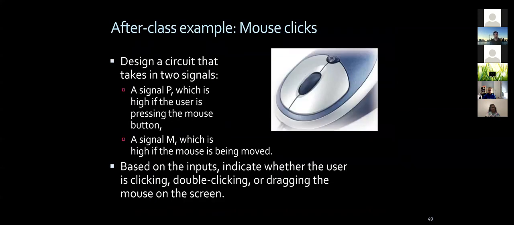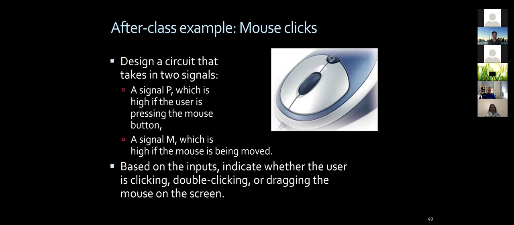Okay, another interesting example we want you to build, and I'll just explain a little bit on how it can be built, but I want you to practice at home a little bit. So that's called mouse clicks. It's very simple. I want you to design a circuit that takes in two signals.